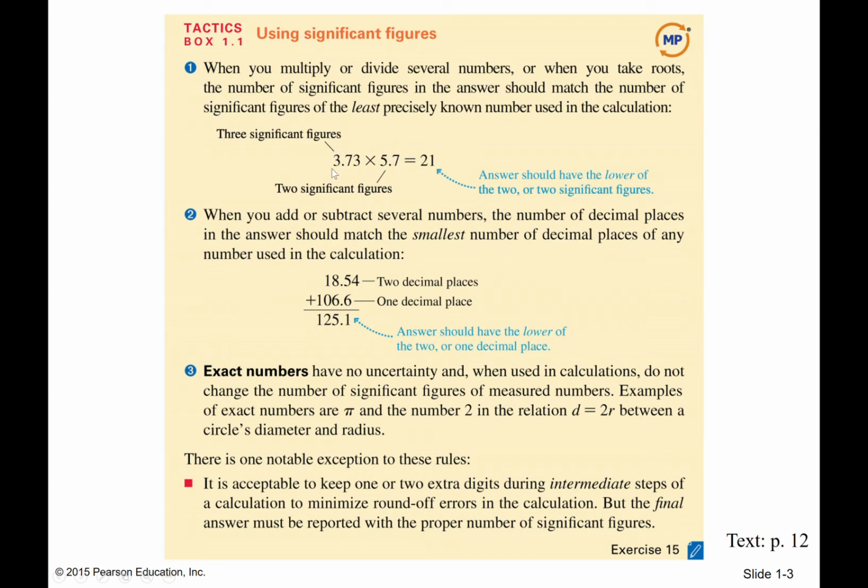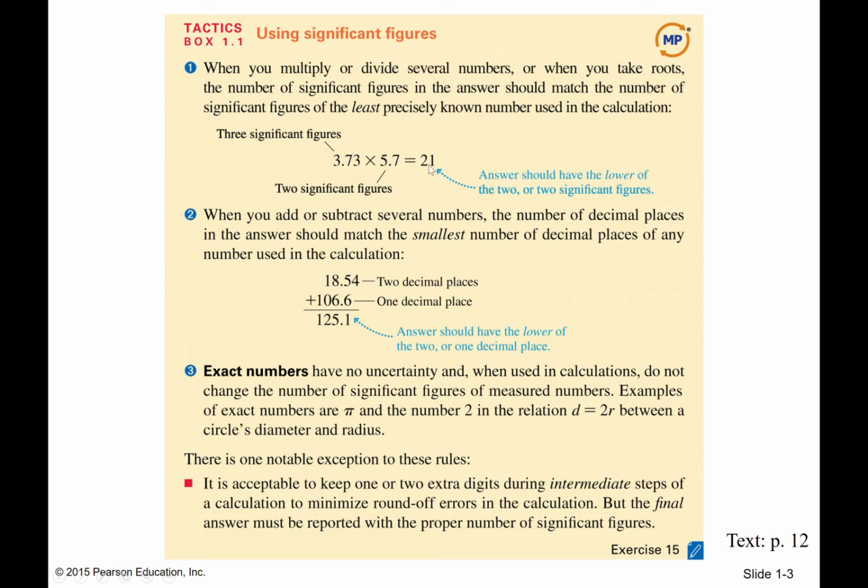For instance, here I have a measurement with 3 significant figures, and here I have a measurement with 2 significant figures. When I multiply these, the result cannot have 6 or 7 significant figures. The reasonable thing is to say, well, my worst measurement has 2 significant figures.